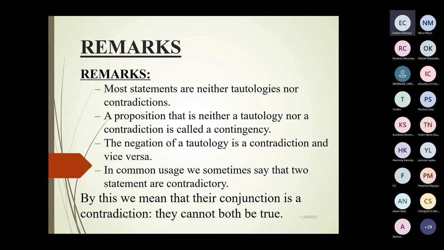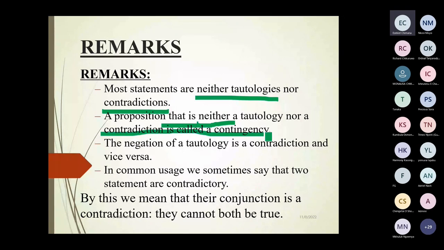Here are some remarks. Most statements are neither tautologies nor contradictions. I say most statements, not all. A proposition that is neither a tautology nor a contradiction is called a contingent. So something which is not a tautology and not a contradiction is a what?